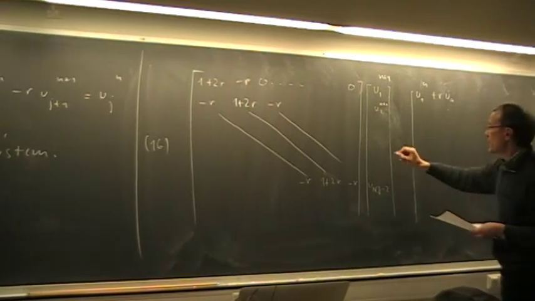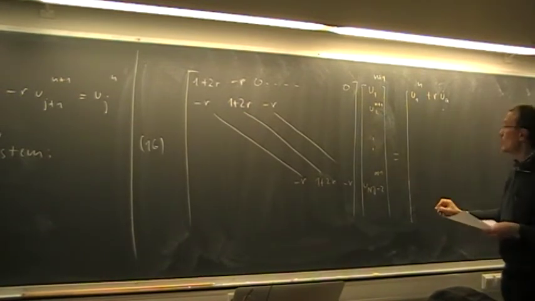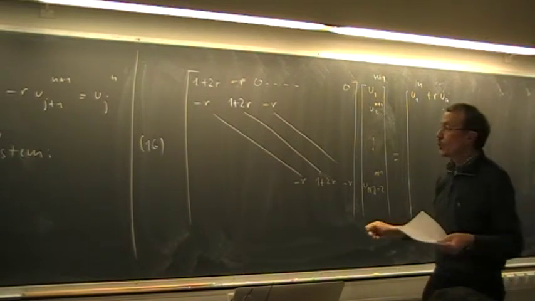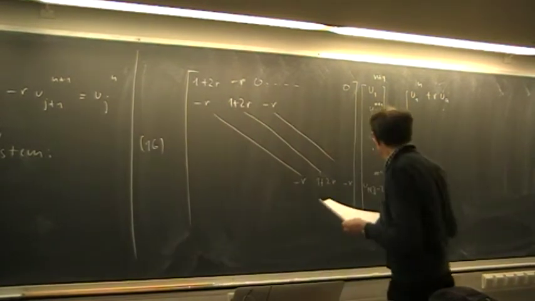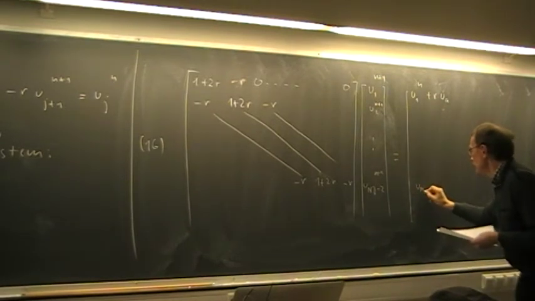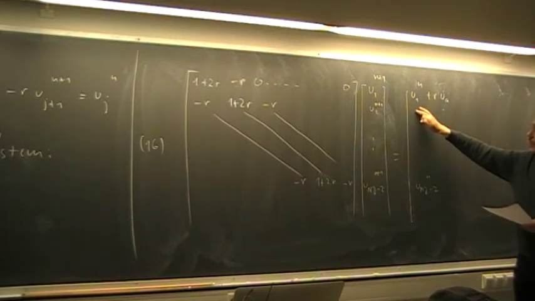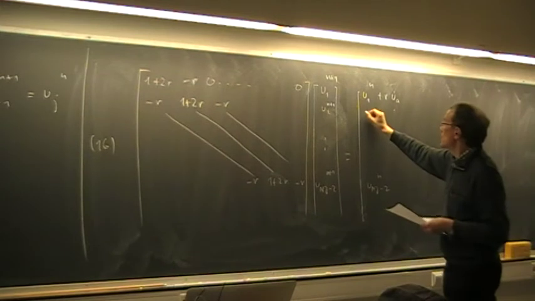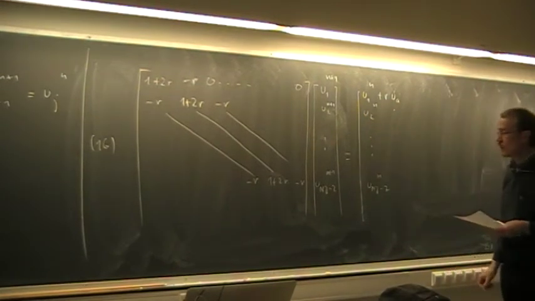On the right-hand side, we will simply have u nj minus 2 at the old time level. Here I forgot for the number 2 to write that this is the u2 at the old time level. So this is the same pattern.